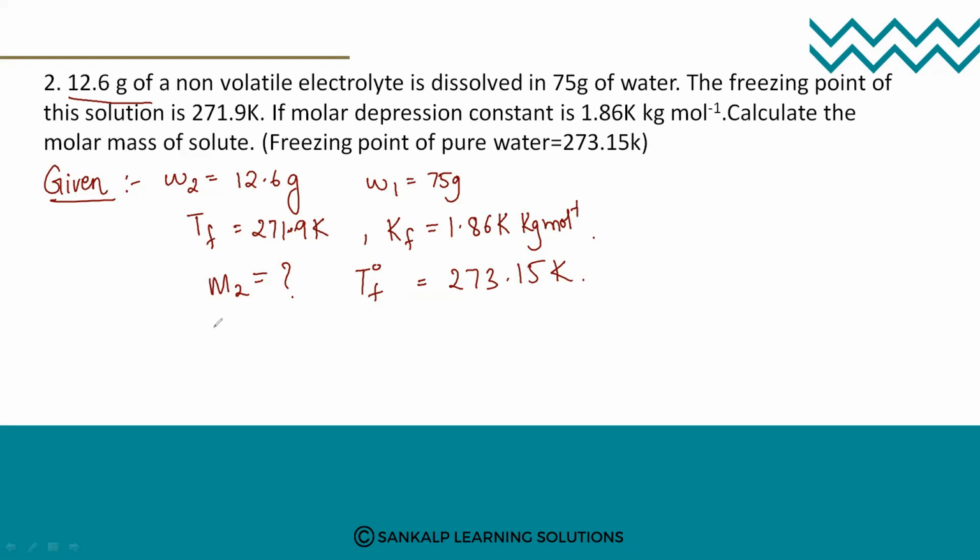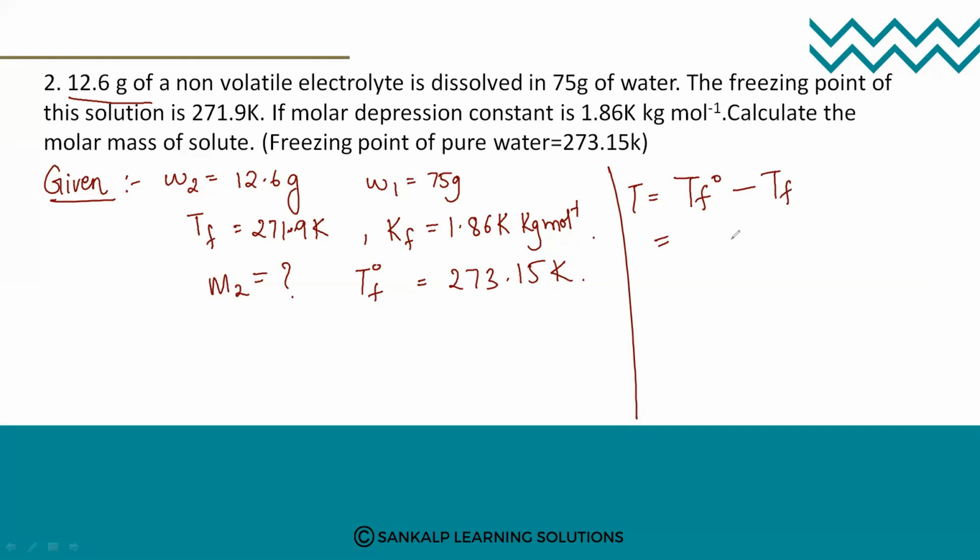Now, based on this, we have the formula for depression in freezing point. First, we have to find the difference in the freezing point, which is given as delta TF is equal to TF naught minus TF.